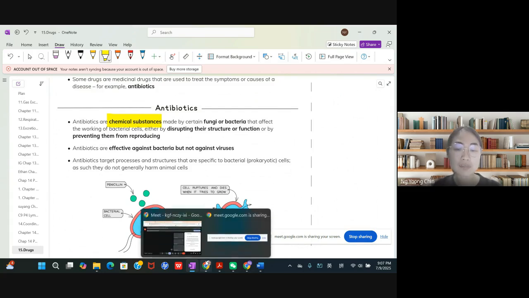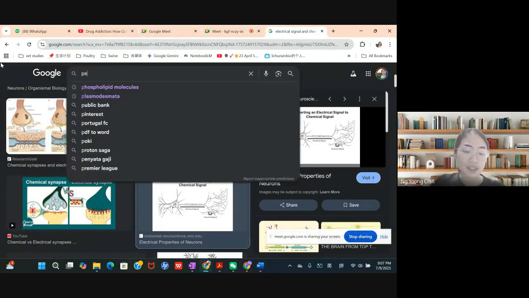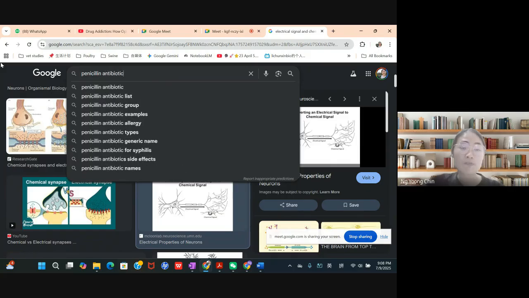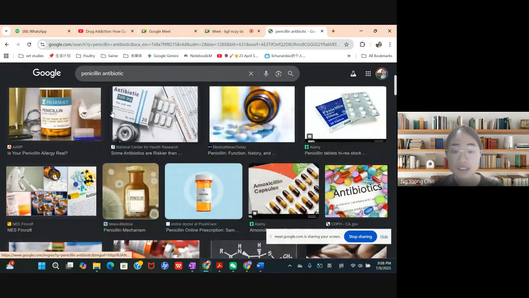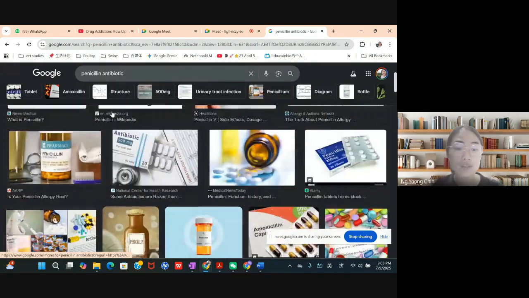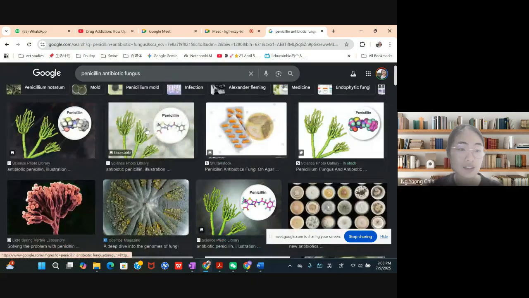Penicillin was the first antibiotic produced in the world. This is penicillin, the penicillin antibiotic. It is produced by a fungus called penicillium, which is this fungus.